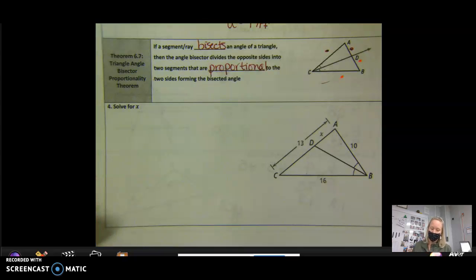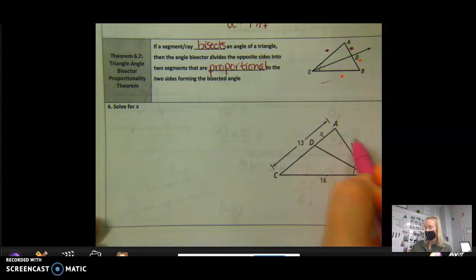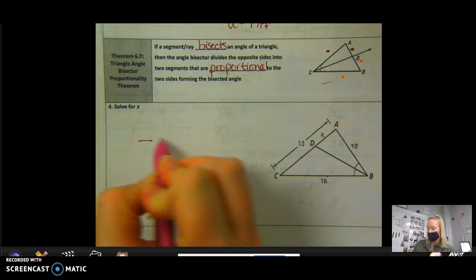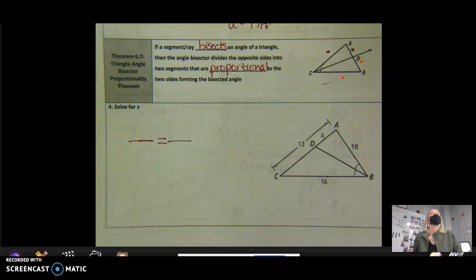So, what we are going to do here is solve for x, which will also give us C to D, right? So, remember, this side over this side is equal to this side over this side. So let's set up my proportion. So what do you think? What over what?